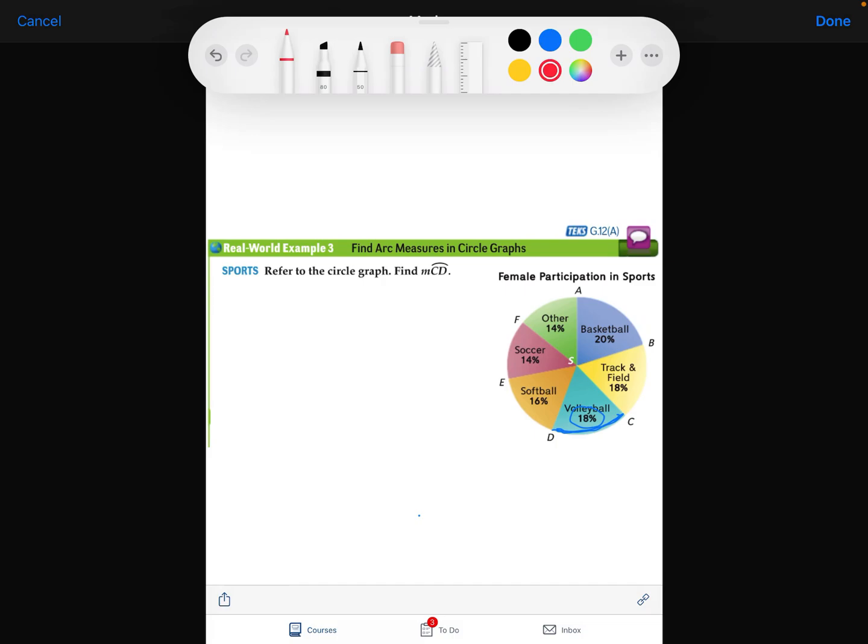So to find the portion that is 18% of the total 360 degrees, we can say 0.18, since 18% as a decimal is 0.18, times 360 equals our measure of CD, which is equal to the measure of the arc as well. So 0.18 times 360, we get 64.8.